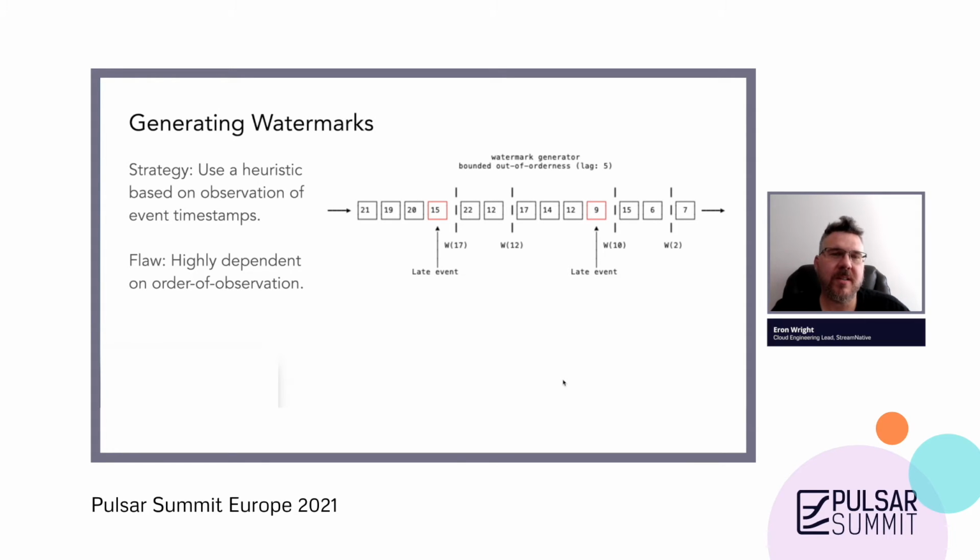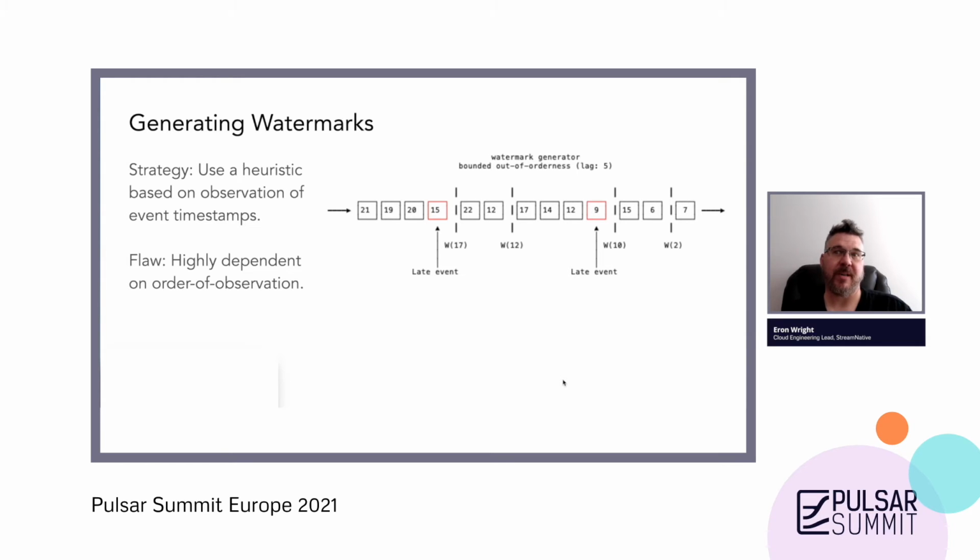Usually watermarks are generated in a stream processor using a heuristic that depends on observation of events. It's intuitive that you expect the event timestamps to gradually increase. You process older information before newer information.